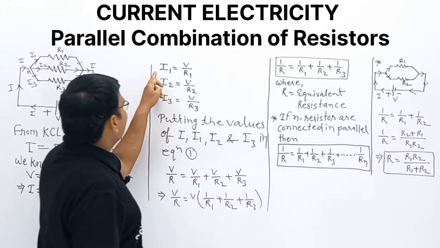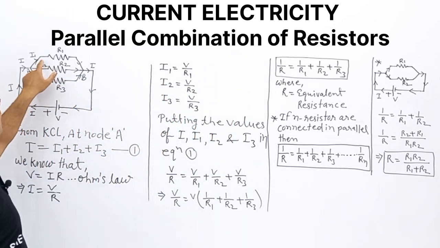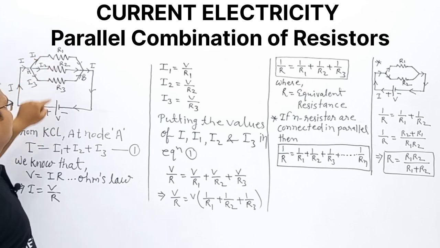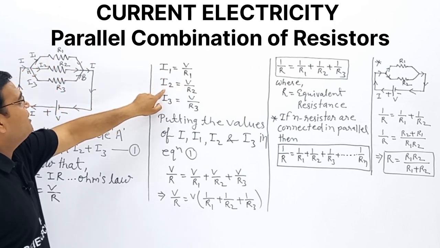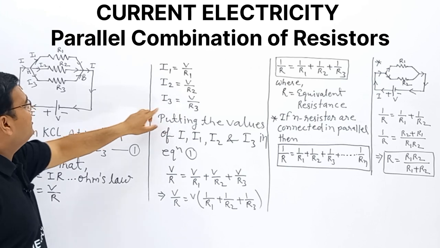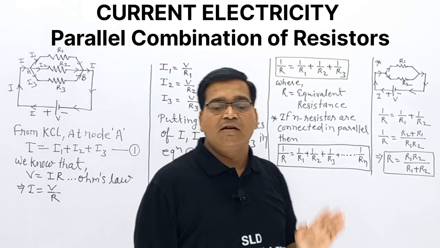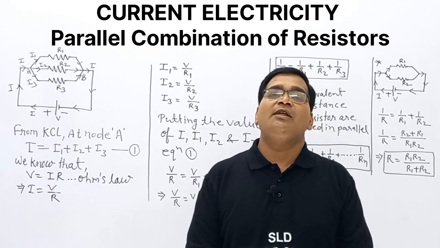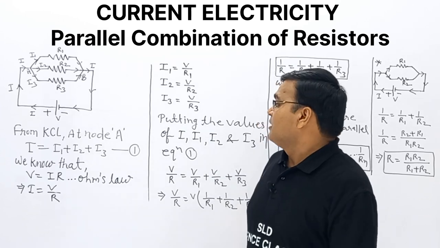So we get I1, I2, I3 from this circuit: I1 equals V upon R1, I2 equals V upon R2, I3 equals V upon R3. So in a parallel circuit, the current will be different, but the voltage at each element will be the same. Clear?